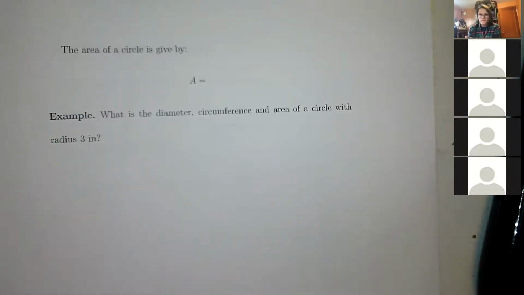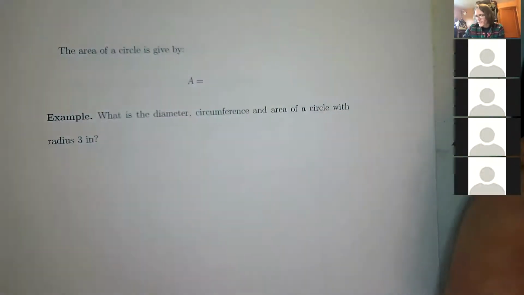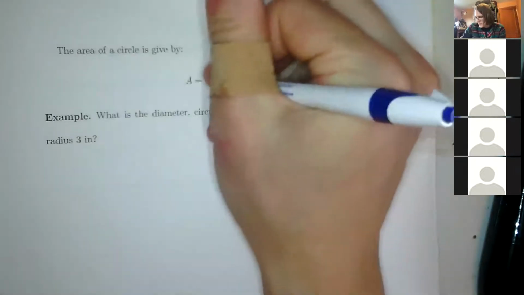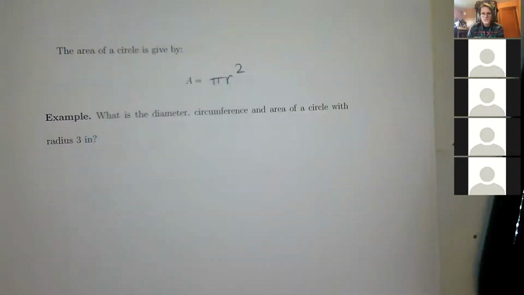You can kind of think of it like the area, but as far as the area in terms of... it just escaped me. 180. That's half a circle. We're not doing degrees. We're just looking for an expression that gives us the area. So it's going to be pi r squared, if you've seen that before.